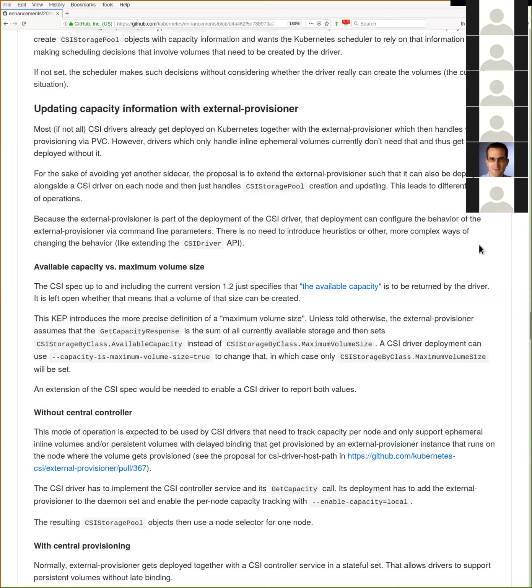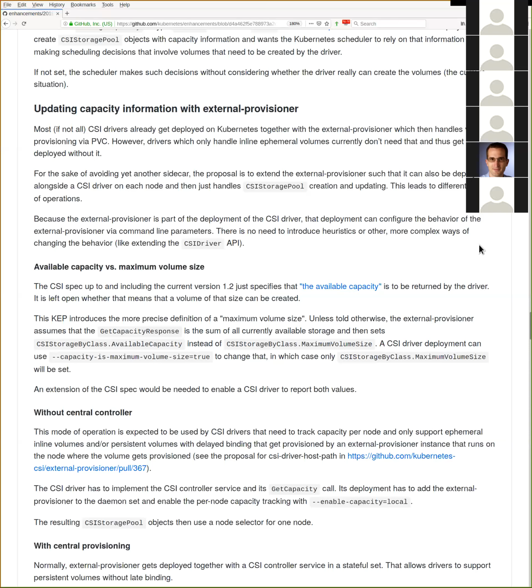So you'll have a storage class for SSDs and a storage class for spinning disks. Yeah, that case is not currently handled, or it's not part of this proposal.